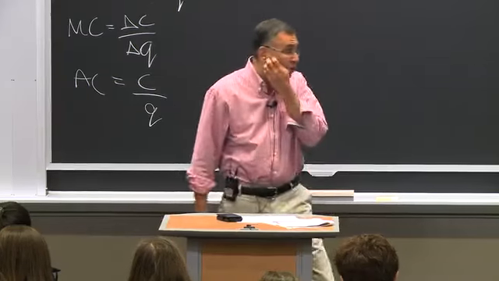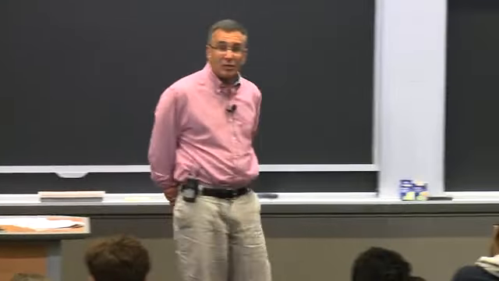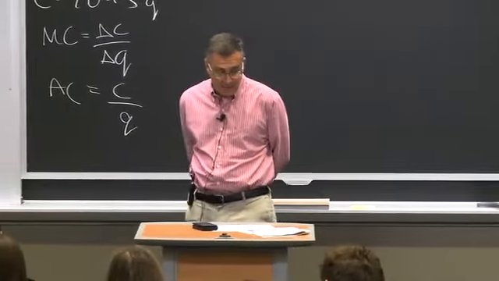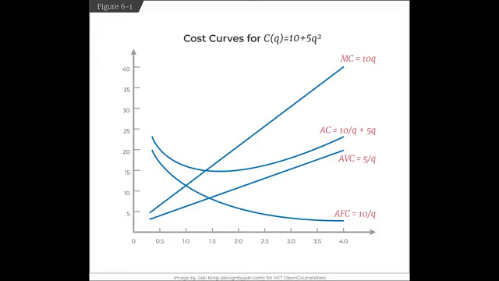If you have any function and you take the average, then the minimum is going to be where the derivative meets it. Before 1.5 units, average cost is above marginal cost because you're paying off your fixed costs. Once you get beyond 1.5 units, average cost is below marginal cost. So average cost hits marginal cost at the minimum average cost.